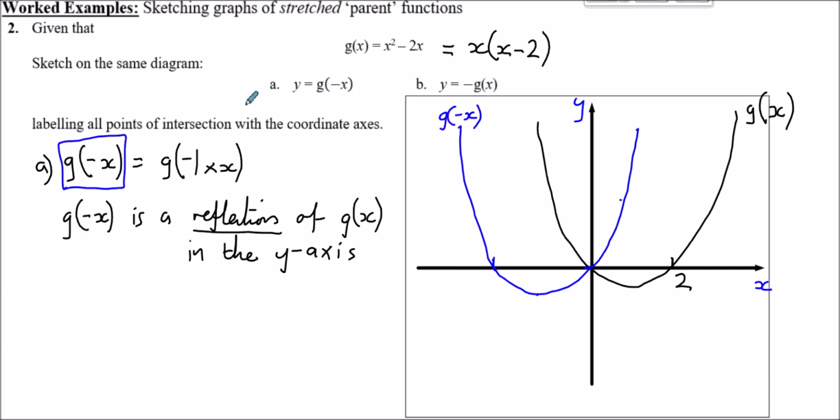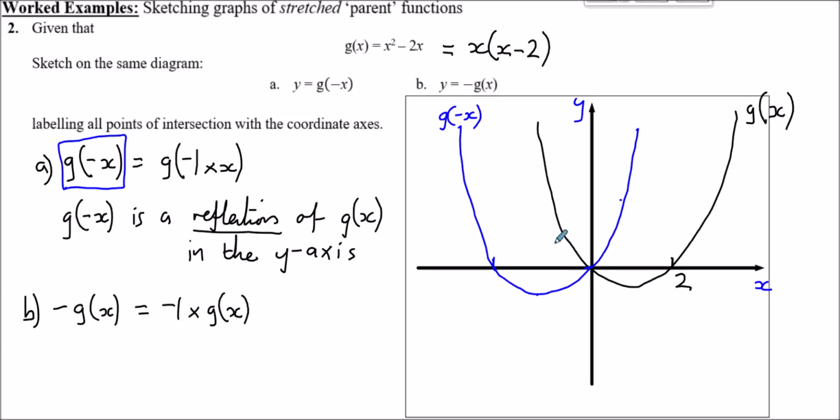Now b. For b we have minus g of x, which I want you to think about as being -1 multiplied by g of x. So the brackets are still the same, still has an x. This change from g of x to minus g of x, the change happens outside of the brackets. g of x is being multiplied by -1, so the y values only are affected, the y values are multiplied by -1.